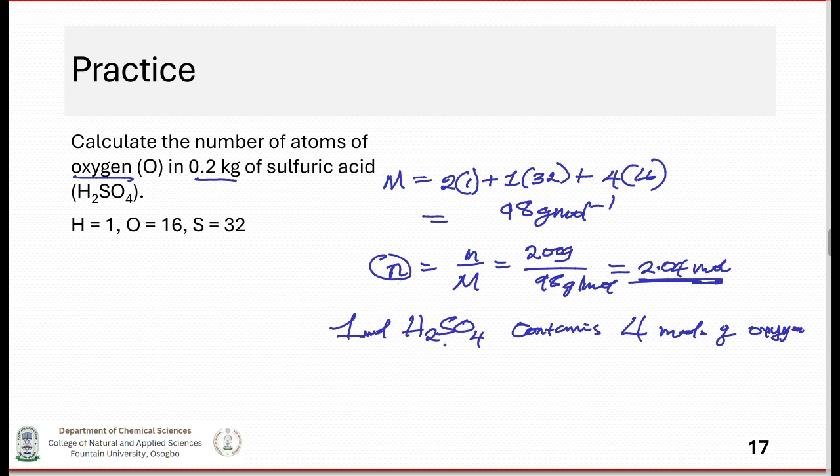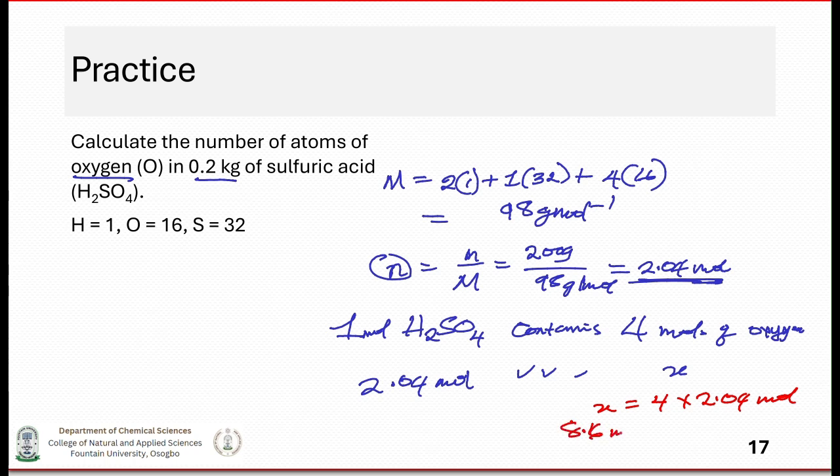If 1 mole contains 4, then 2.04 moles of sulfuric acid will contain X. If you do your cross multiplication, X equals 4 times 2.04 moles. Since it's a ratio of 1 to 4, if you multiply 2.04 by 4, you get the number of moles of oxygen, which is 8.16 moles of oxygen.